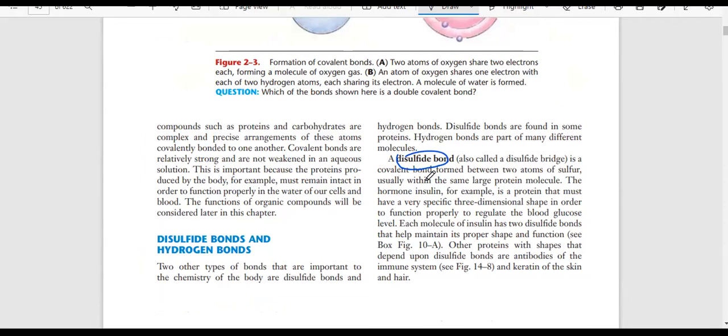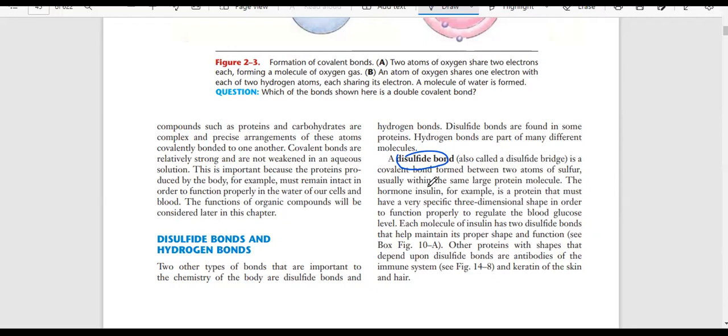A disulfide bond is a covalent bond formed between two atoms of sulfur, usually within the same large protein molecule. The hormone insulin, for example, is a protein that must have a specific three-dimensional shape in order to function properly to regulate the blood sugar level. Each molecule of insulin has two disulfide bonds that help maintain its proper shape and function.